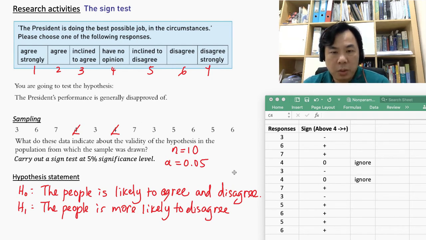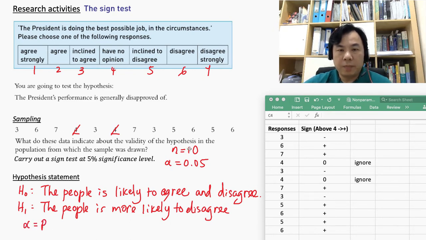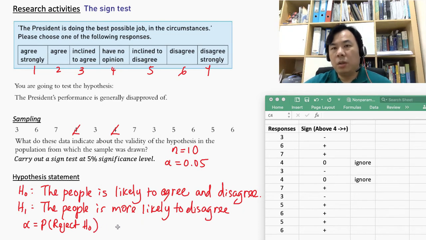Now, in order to do that, I'm going to write it down here. Alpha is the probability of rejecting, I make it short here, reject H naught, even though H naught could be true. So we want to make sure this probability is as small as possible.